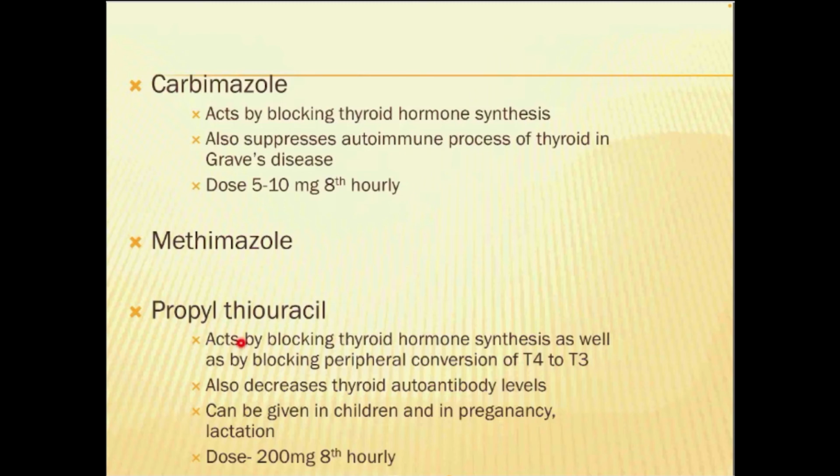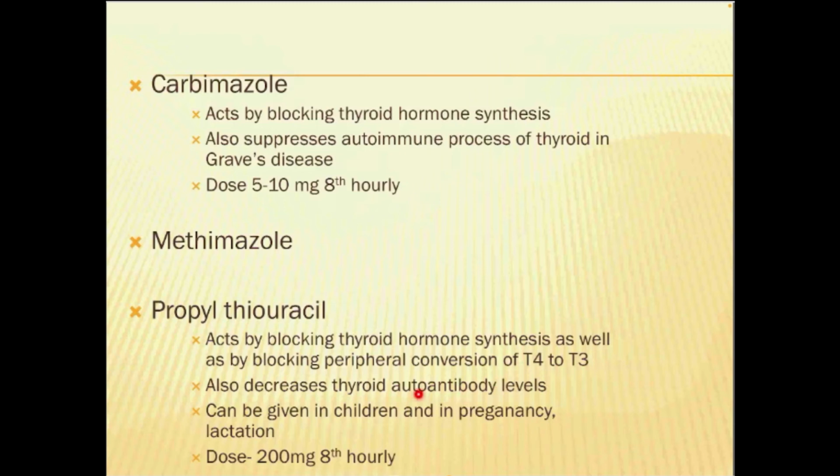Propylthiouracil acts by blocking thyroid hormone synthesis, similar to carbimazole and methimazole, but it also has a special property of inhibiting the peripheral conversion of T4 to T3, which is the active form. Okay, so propylthiouracil has an additional effect of preventing peripheral conversion. Also, it decreases the autoantibody levels.